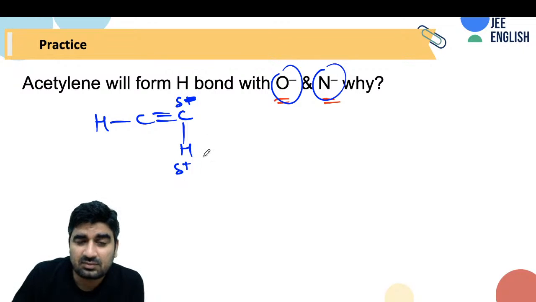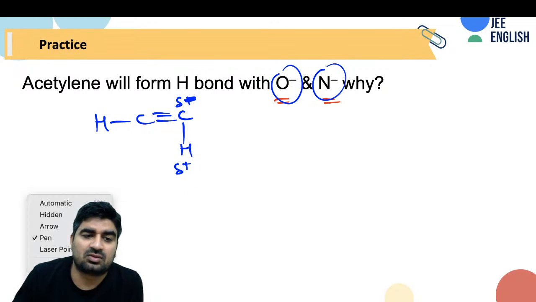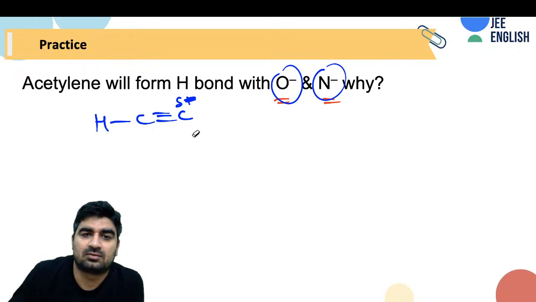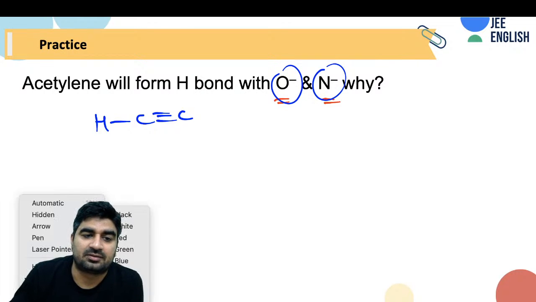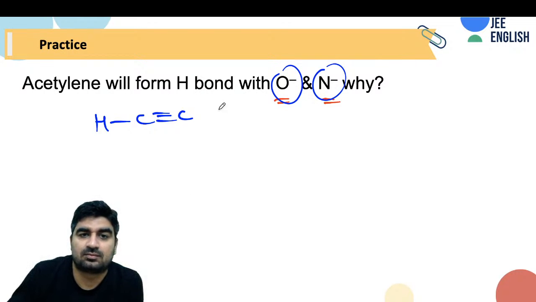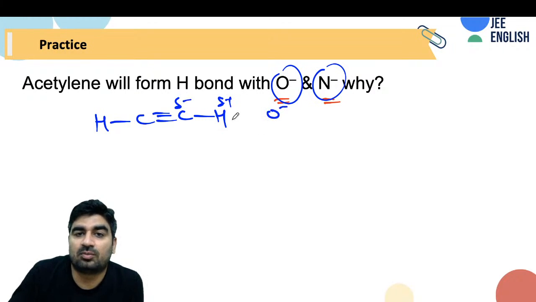So it will be a linear structure. First of all, let me tell you. Let's draw it linear here. This is H. This is delta negative, this is delta positive. Now O minus, again, has a lone pair.